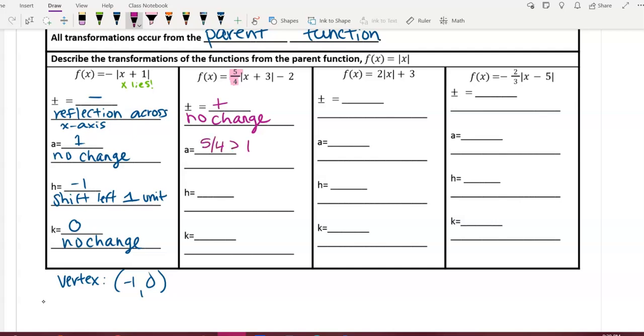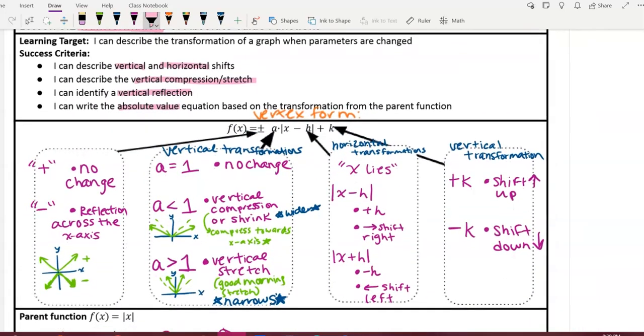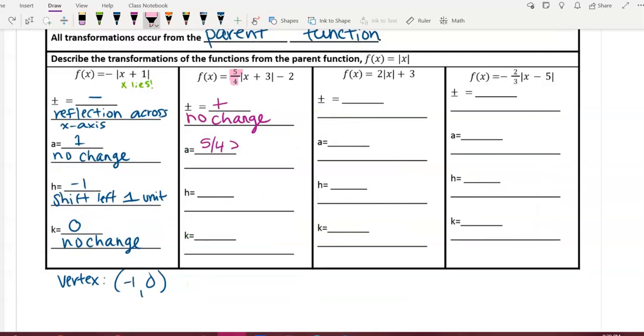So since our a value is greater than 1, let's take a look up here. A greater than 1 means vertical stretch. We said that's like the good morning stretch, which means our graph narrows. It gets narrower. So down here we can say vertical stretch.